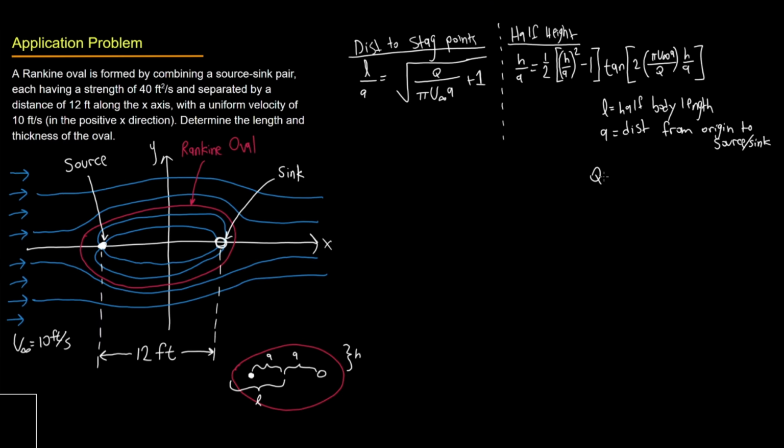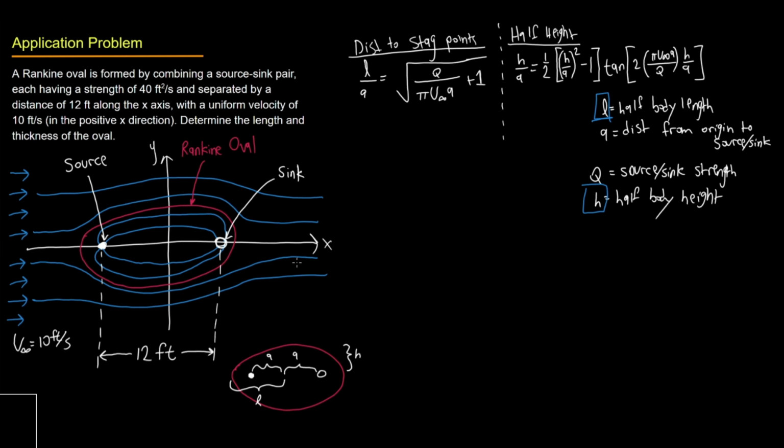Q is the source or sink strength. And then H is the half body height. So the ultimate things we're solving for are L, half body length, and H, half body height. I'll box these a little bit, and we're going to say we want this one, and we want H, just to make it clear.